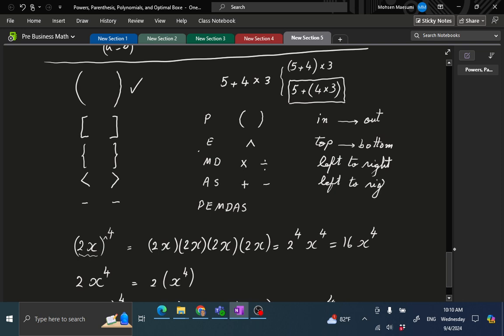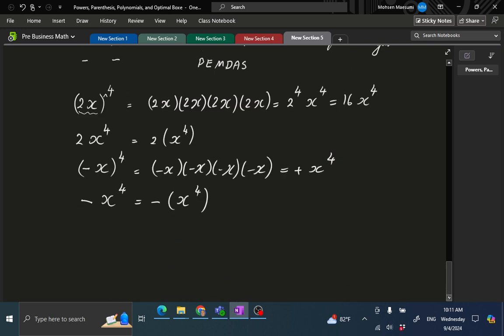So these are ways of breaking ties between possible interpretations of an expression, and we want to be careful with this. The most common error that students make is in this situation, what is meant by minus.